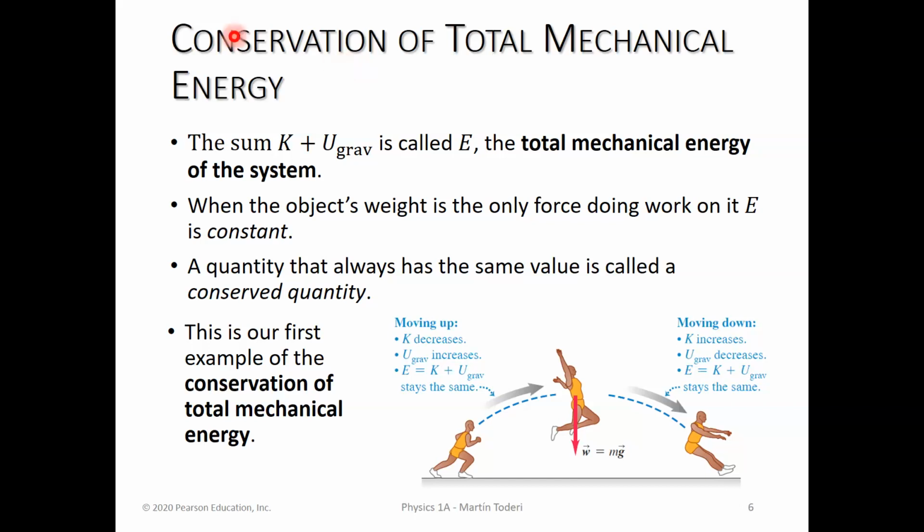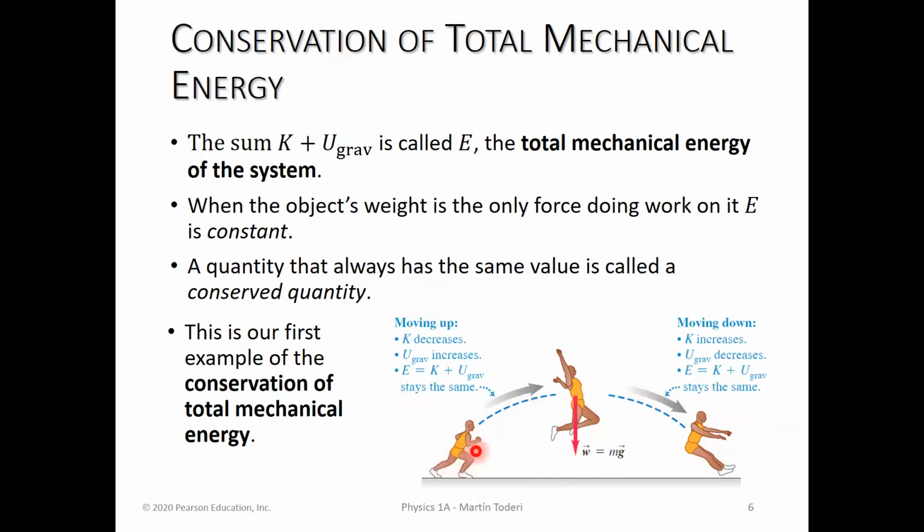Same thing here. Imagine this person just running and jumping. We are not caring about the trajectory, although we know that it's going to be kind of a parabola, right? Because it's like a projectile motion. But let's just analyze what's happening here.